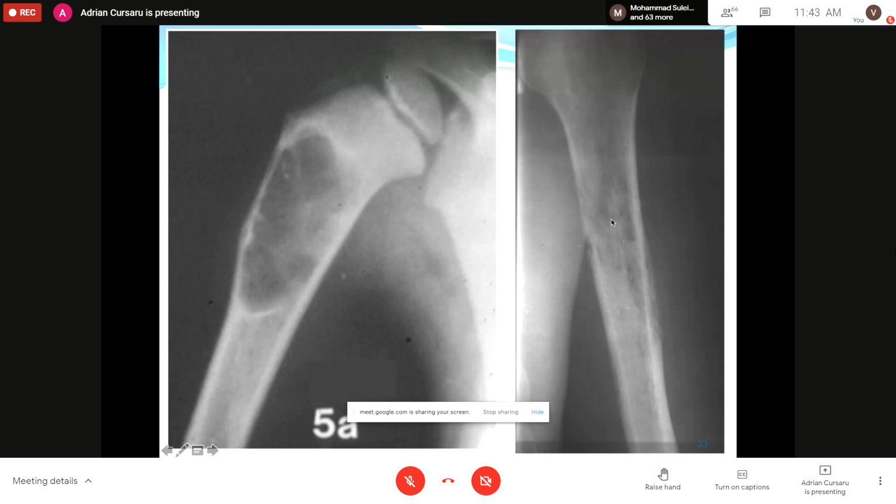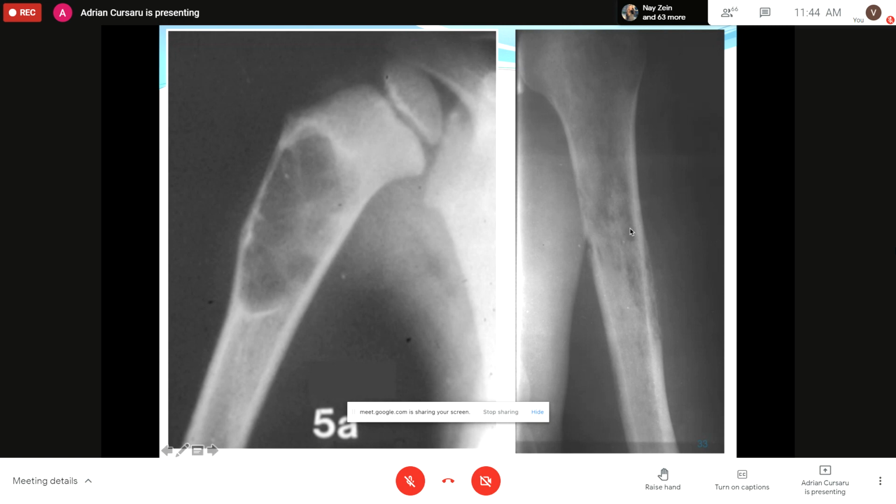In this case, you cannot see the demarcation between the normal bone and the abnormal bone. You can see osteolysis, you can see osteocondensation, and very important, you can see here a disruption of the periosteum. And it is very important because that's a sign of a malignant tumor.